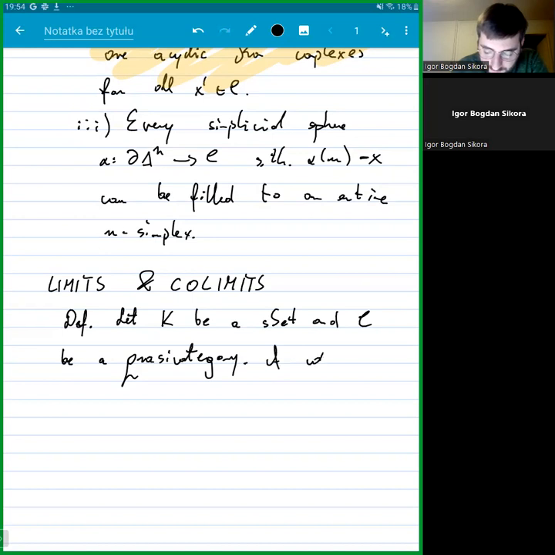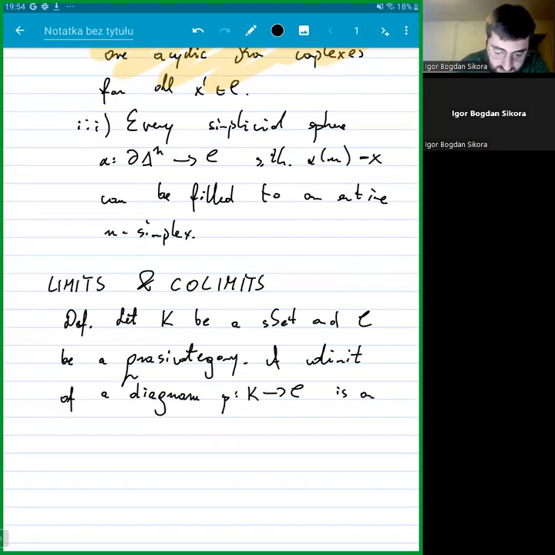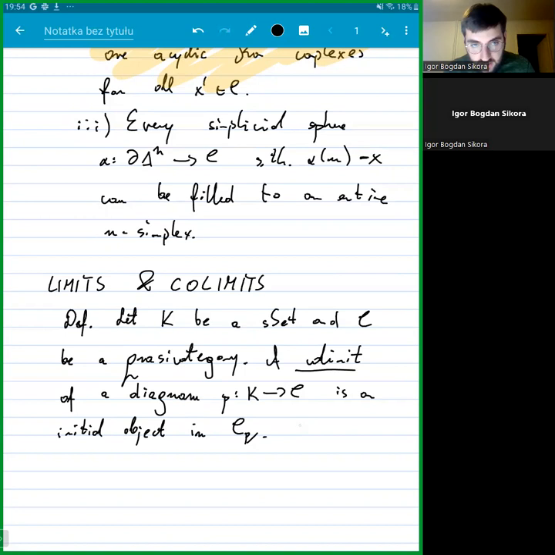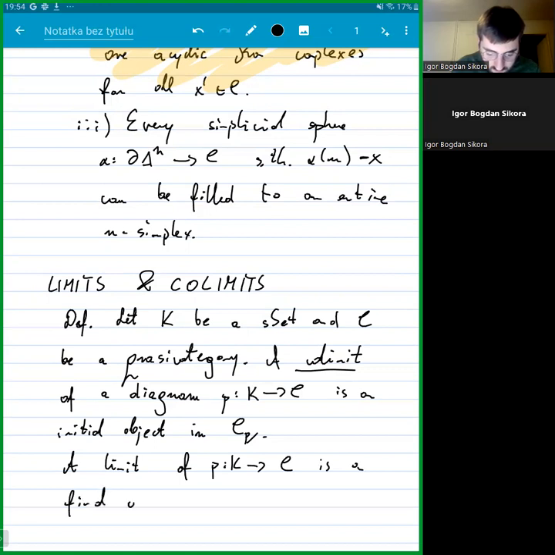So a colimit of a diagram P going from K to C is an initial object in the under category for the functor P. And similarly, we say that a limit of P from K to C is a final object in the over category of the functor P.